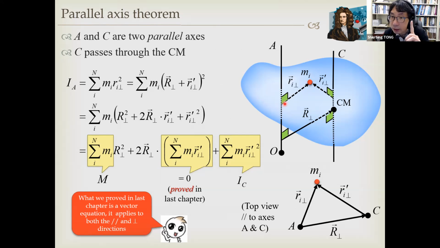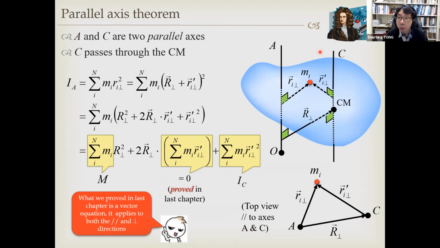It is a vector that goes to mi but is perpendicular to the axis. That's why we use the subscript perp. So you draw a perpendicular line from the axis to that point, and you have Ri-perp for axis A. If you do the same for axis C, you get Ri-perp prime.